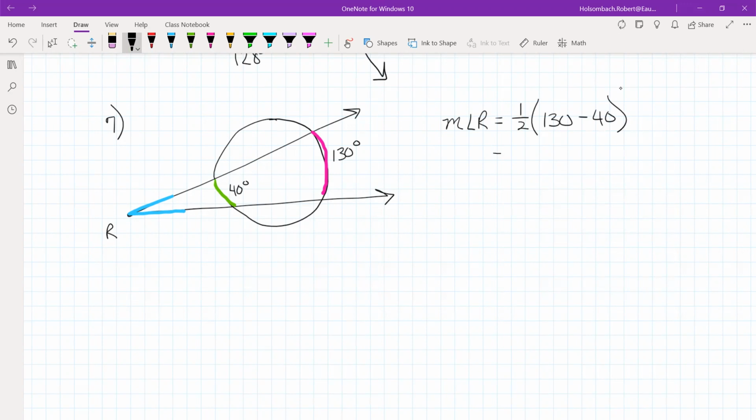So 130 minus 40 is 90, and half of 90 is 45 degrees. So there's your measure of angle R.